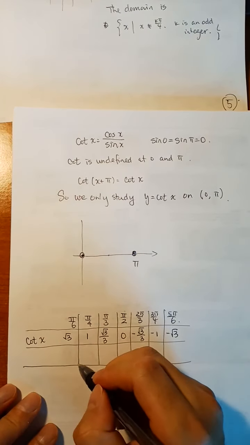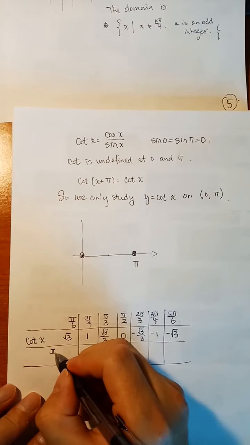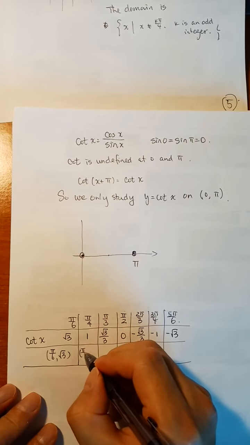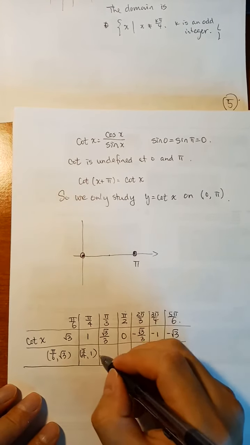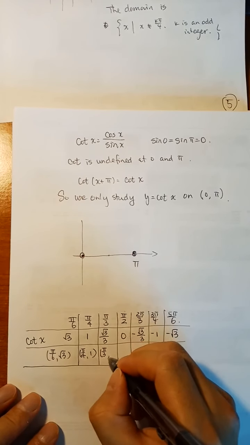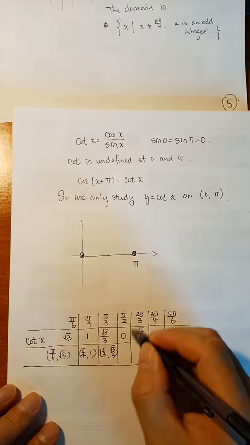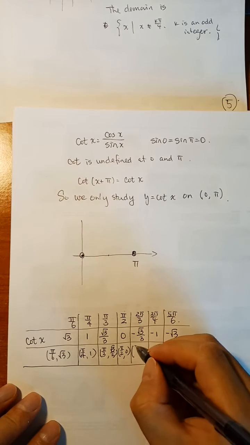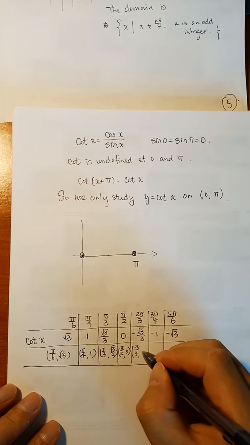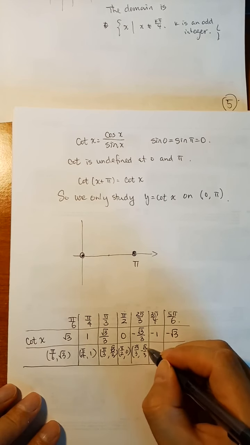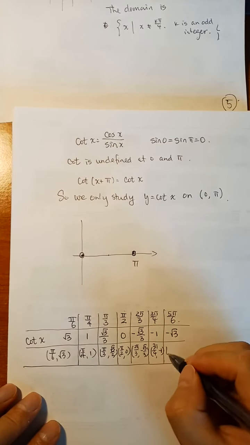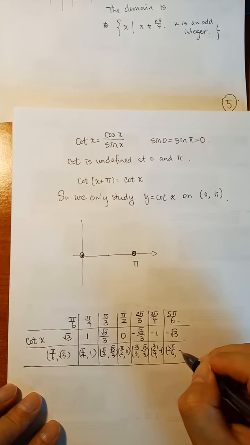Okay, so the graph is the following. When x is pi over 6, y is root 3. When x is pi over 4, y is 1. When x is pi over 3, y is root 3 over 3. When x is pi over 2, y is 0. And here we just copy: 2 pi over 3, negative root 3 over 3, 3 pi over 4, negative 1, and 5 pi over 6, negative root 3.